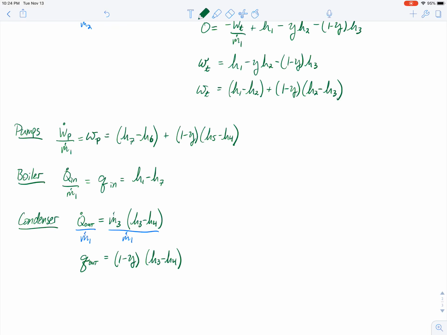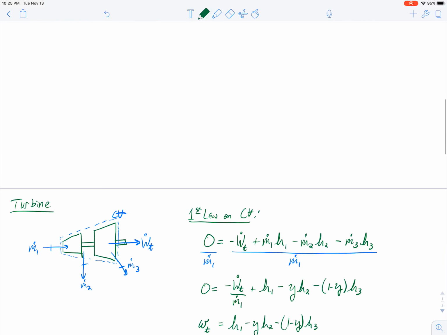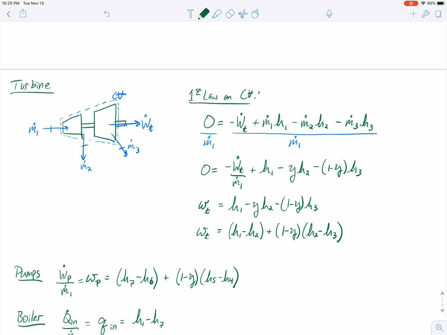Okay, so I've written my first law for all of my different components, and we focused on the turbine and the open feed water heater because those look slightly different than what we've been seeing with the Rankine cycle. But I'm in a position now where I can calculate the total amount of work produced by the turbine.